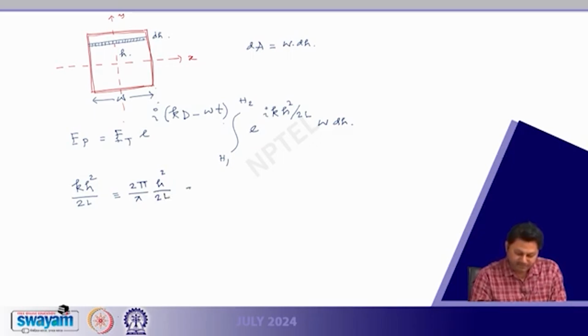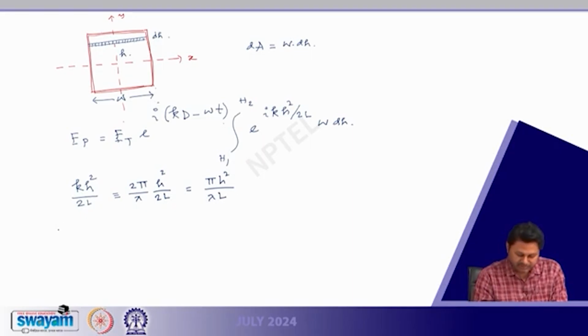So, this essentially gives me an interesting thing, and that is pi h square divided by lambda l. Same thing I write in a different way.